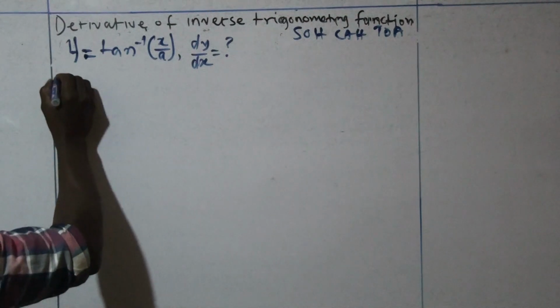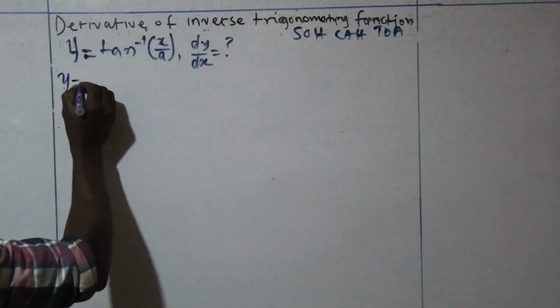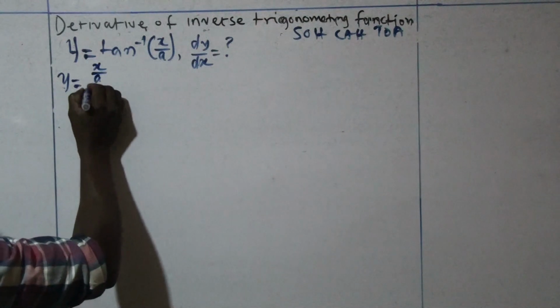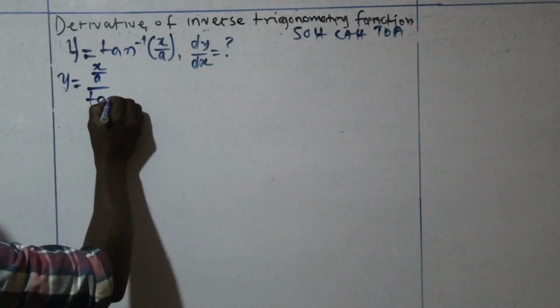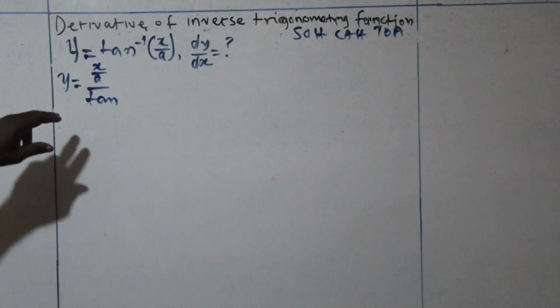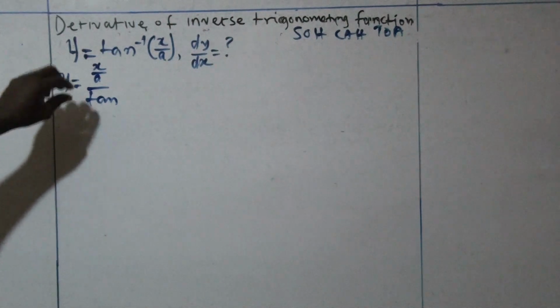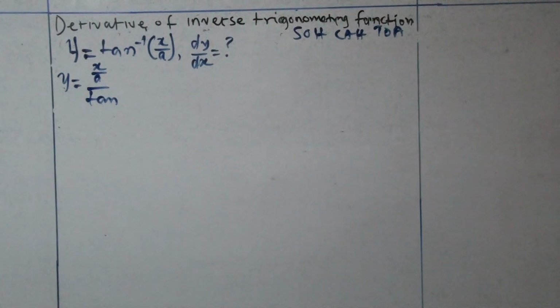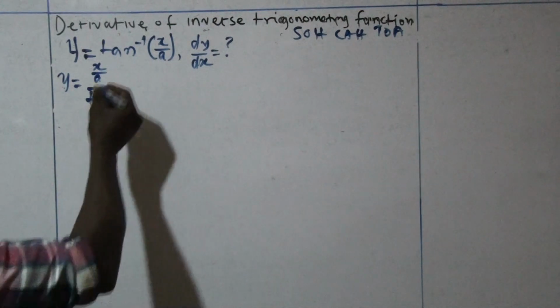Here we can say that y is equal to x over a divided by tan. What we need to do is express x as a function of y, and when that happens, we multiply both sides by tan.